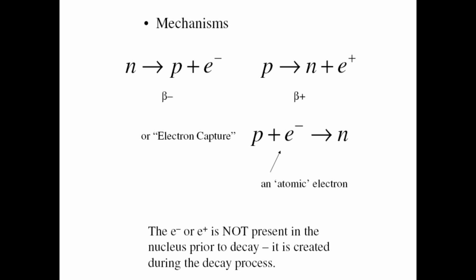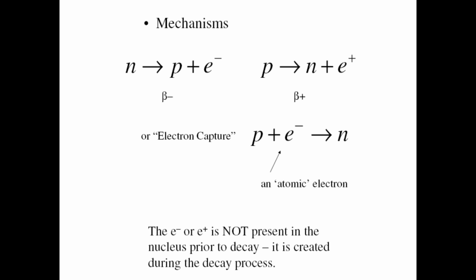Or, as we mentioned in the last slide, we can have electron capture. During electron capture, we have a proton that is converting into a neutron. The e is for an atomic electron.